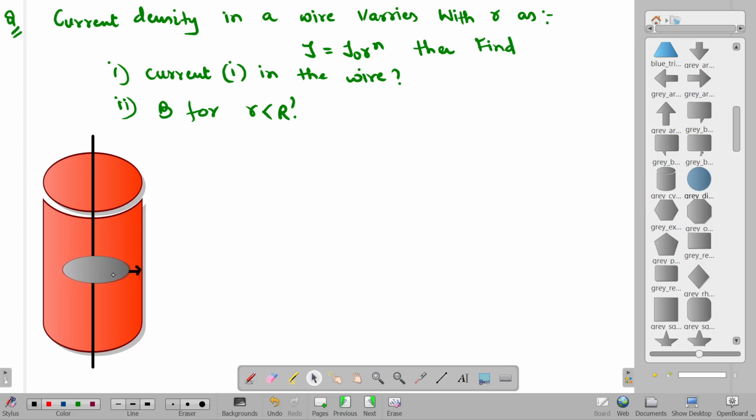Let's suppose here I am considering. If I want to find the current inside it, I need to consider a current element first of all.